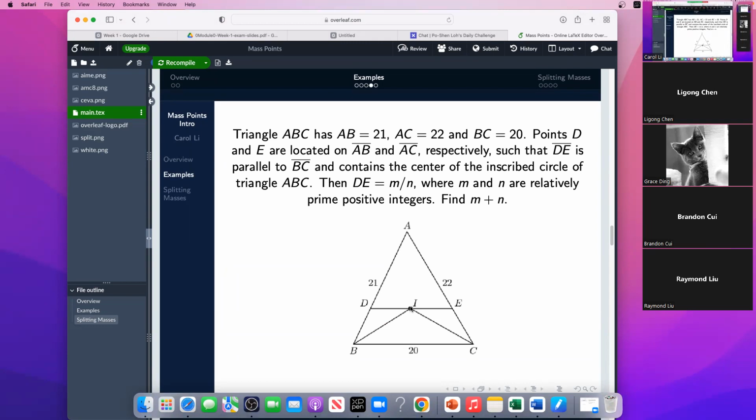So what you actually have to do with a lot of mass points questions when it comes to really hard AMC or AIME problems is draw your own triangles, because otherwise it doesn't quite work out. We're going to have to extend some lines.